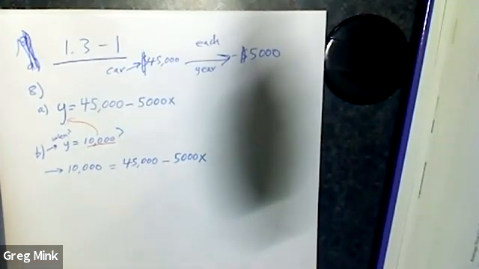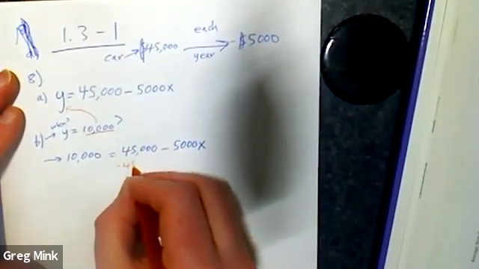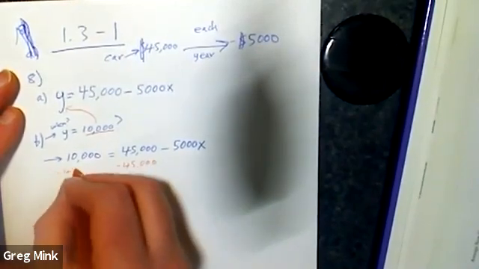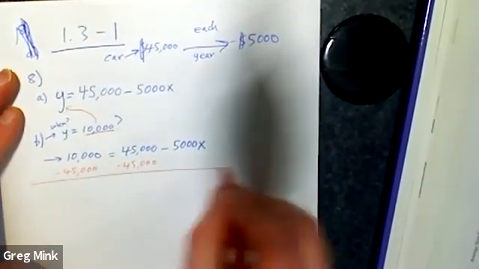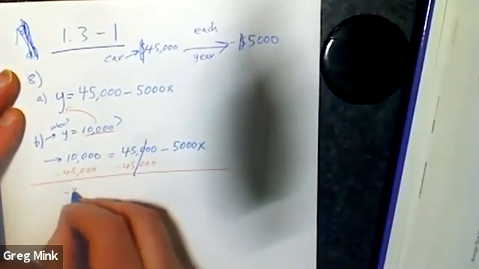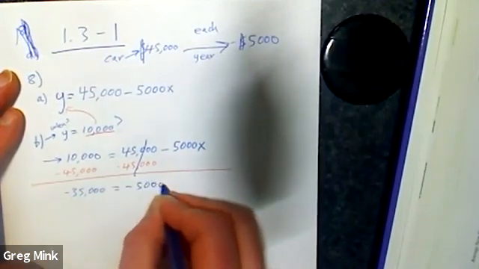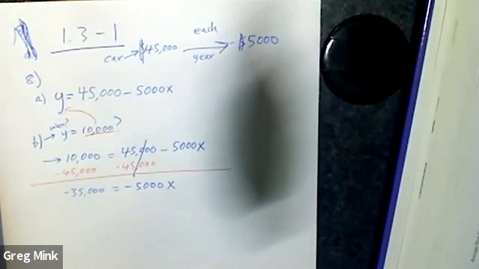Now we can figure that out. So we're just solving this for x just like in the last section, okay? So I'll start by subtracting 45,000 from both sides, okay? And what I'm seeing is I'm getting negative 35,000 equals negative 5,000 x, okay?